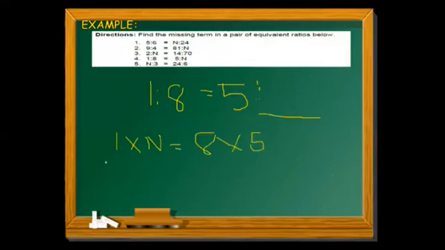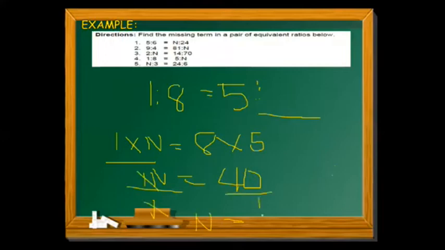So the answer here is 1n is equal to 8 times 5 is equal to 40. And then let's divide by 1 para mawala siya. Becomes n, the other one, 40 divided by 1 is equal to 40. Therefore, the missing term is 40.